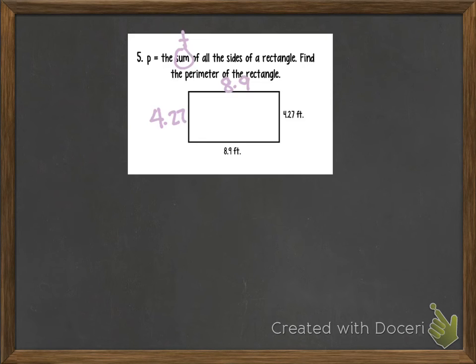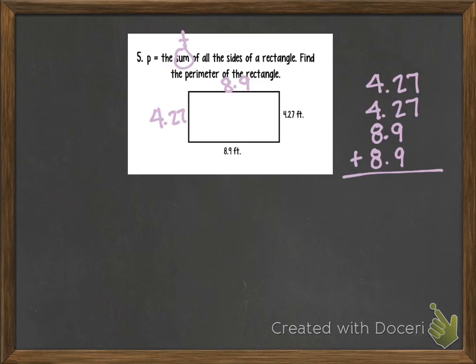So then that would be 4.27, 4.27, 8.9 plus 8.9. Annexing your zeros. Go ahead and add that and press play when you have finished to check your answer.